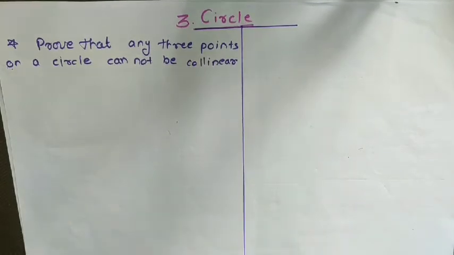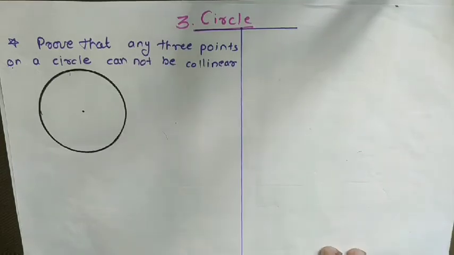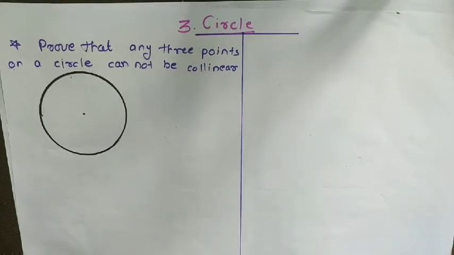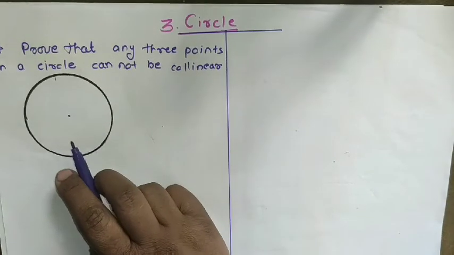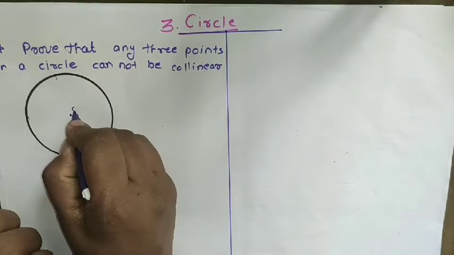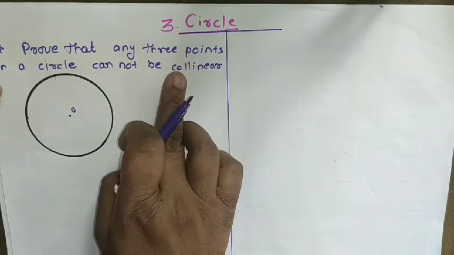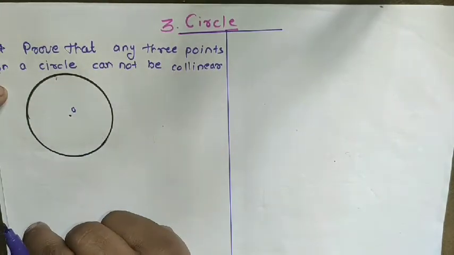Now here I have drawn one circle and its center is O. We have to prove that any 3 points on a circle cannot be collinear.